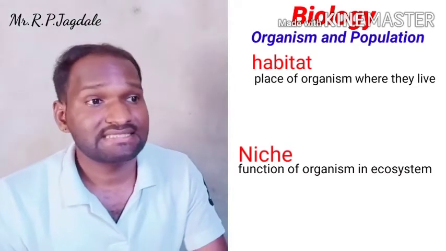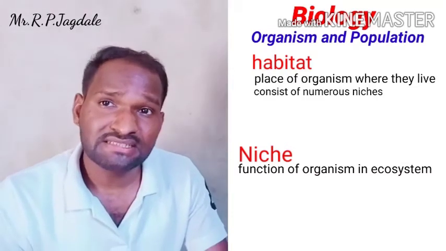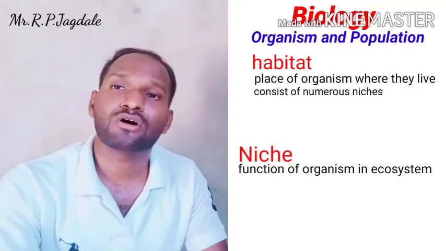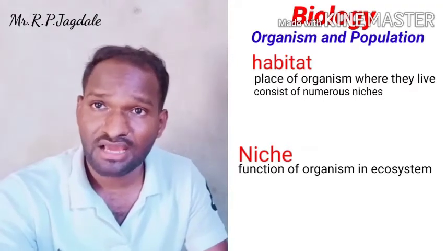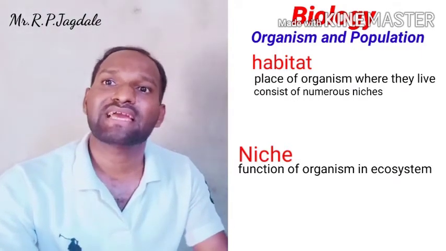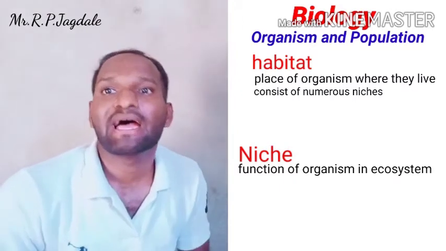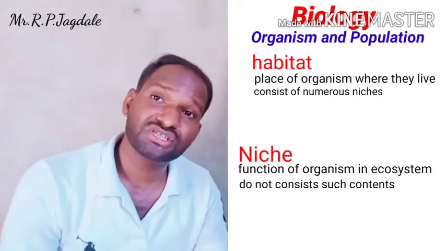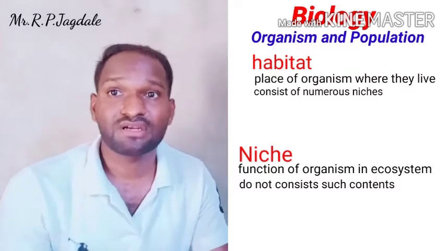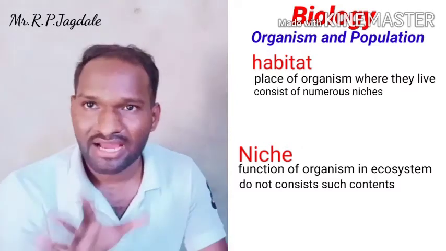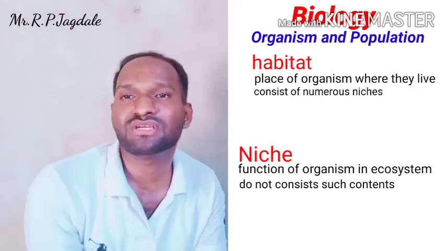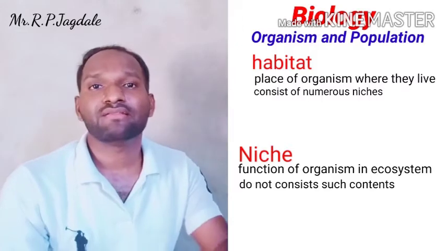The second point: habitat consists of different niches. So many niches can accumulate in the habitat, but a niche doesn't contain different habitats. So habitat contains niches, but a niche cannot contain different habitats. That is the major difference between habitat and niche.